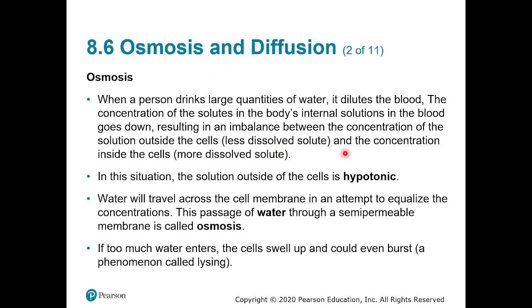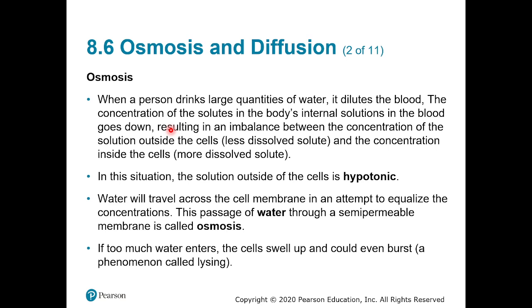Okay, so when a person drinks large quantities of water, it's actually going to dilute the blood. And so the concentrations of your solutes in your body's internal solutions in the blood will actually go down. And this can actually cause some cramping and various different little issues. Normally, it's not a big deal because you have plenty of salt in your diet. But sometimes if you sweat too much, haven't replaced your salts, and you just drink pure water, you're going to cause problems.